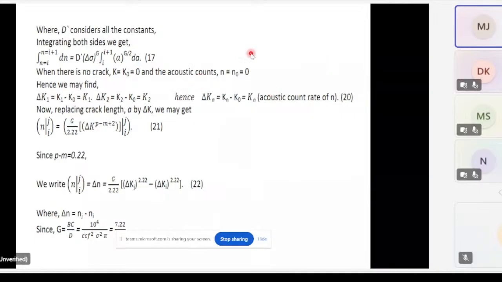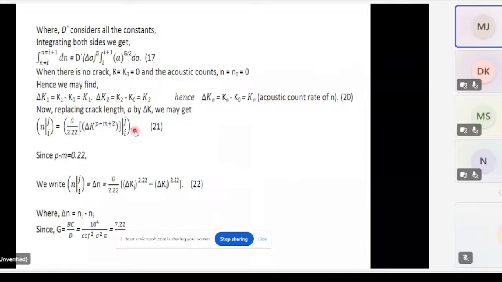So that is the theoretical case. Now, if there is a crack, then delta K1 will be K1 minus K0, so naturally this is delta K1. Similarly, delta K2 will be this. So this is how you can get K2 minus K1, so you can get delta Kn.